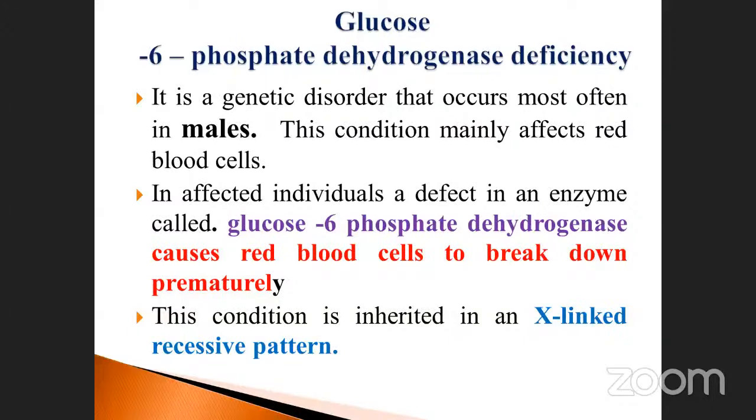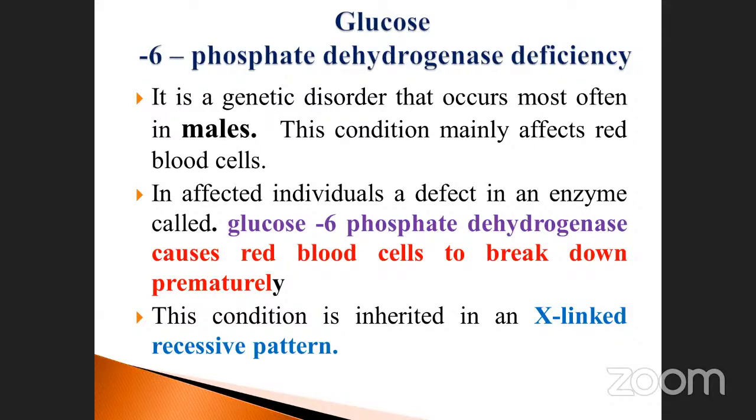What will be the condition? It mainly affects the red blood cells. Which enzyme is responsible? Glucose 6-phosphate dehydrogenase. What will be the effect? It causes red blood cells to break down prematurely, before maturation. The RBC can be easily destroyed.